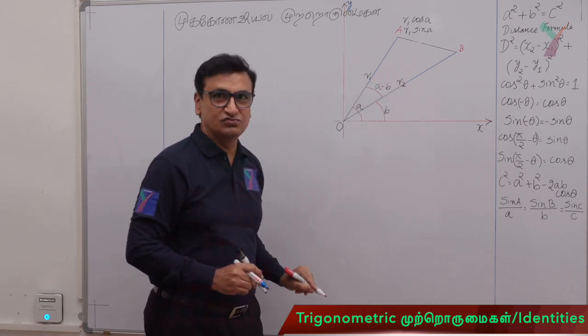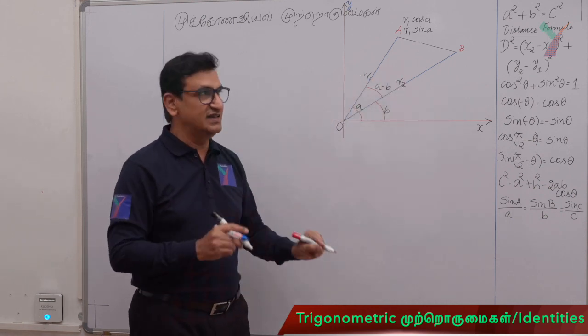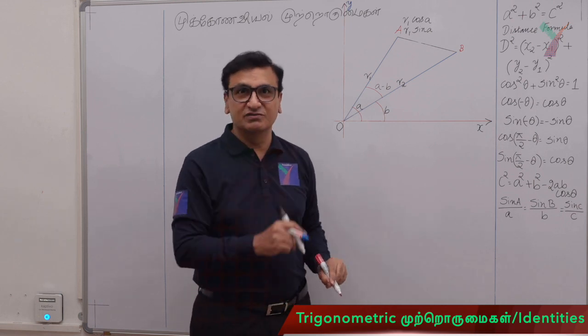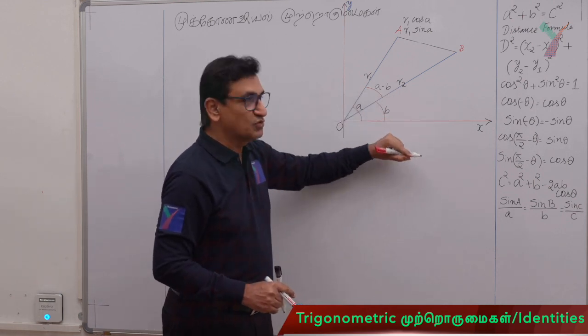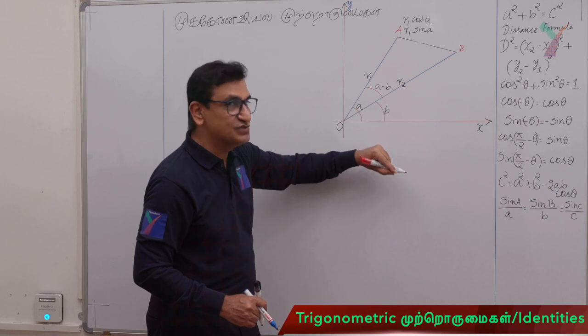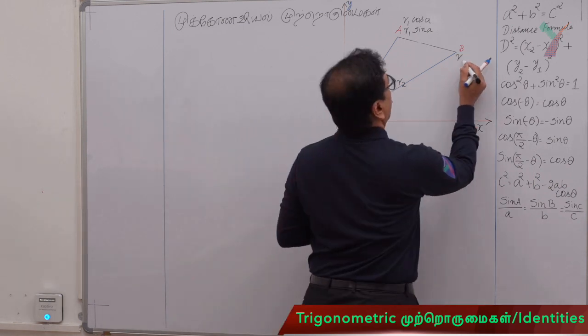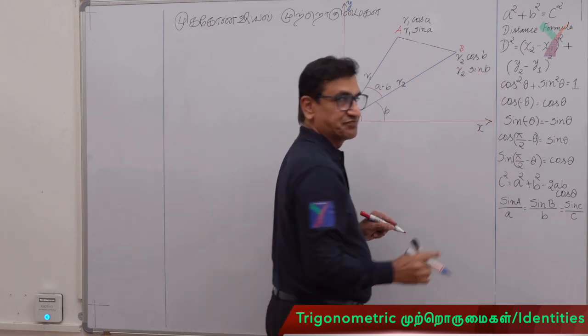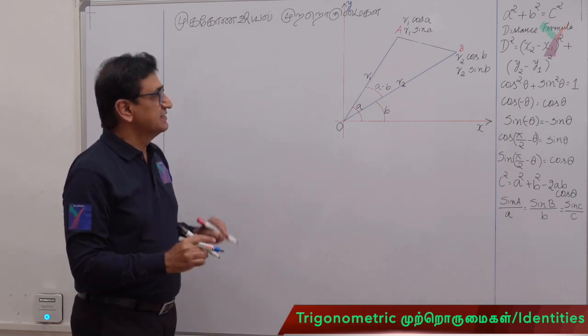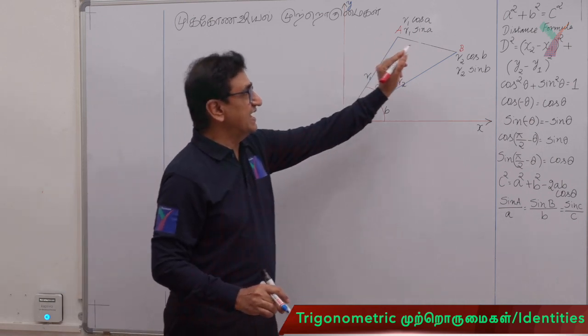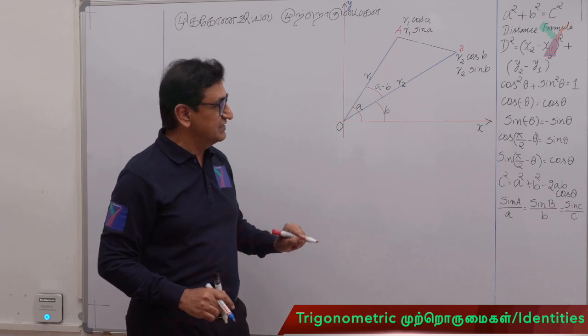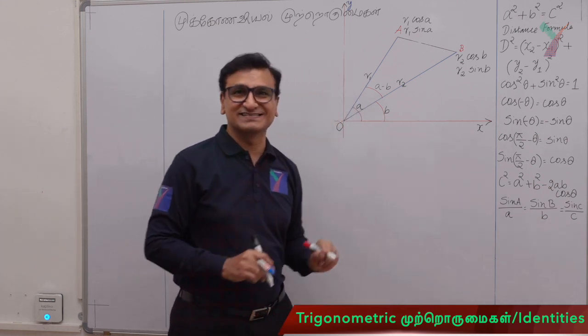Distance is R2, angle is B. அதனால polar coordinates of B will be R2 cos B and R2 sin B.